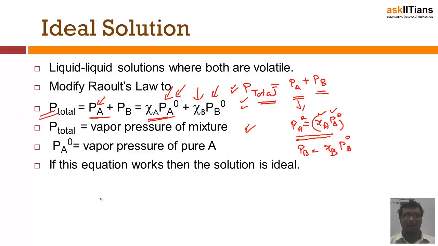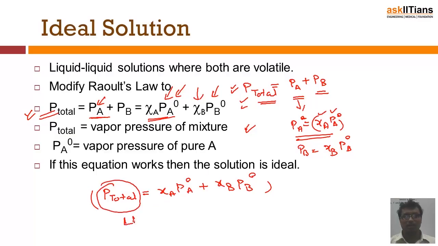So now I can say that ideal solutions will behave or follow Raoult's law. This is the resultant equation for ideal solutions. This is already written here. Now the important thing is, if LHS is not equal to RHS, there are two conditions: LHS may be greater than RHS or LHS may be less than RHS.